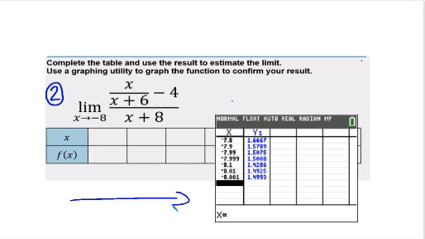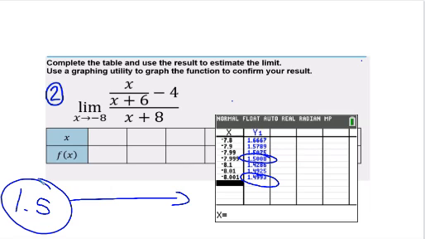I think it is pretty obvious that as we get really close to -8, both from the left and the right, we are approaching 1.5. So the limit as x approaches -8 is 1.5, and we did that by using a table, and we could confirm that with the graph on the graphing calculator.